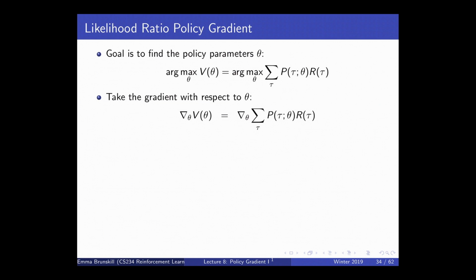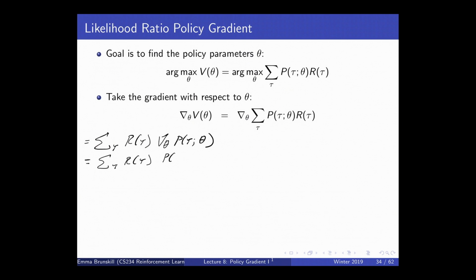We're going to rewrite the probability of a trajectory under theta: sum over tau of probability of tau given theta times R of tau. Then we do something simple where we multiply and divide by the same thing.